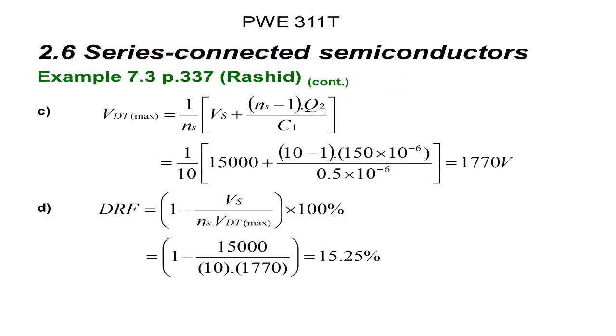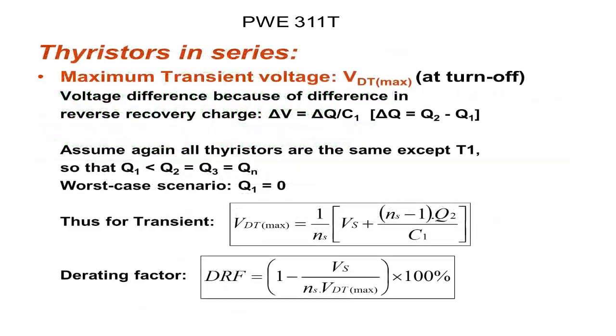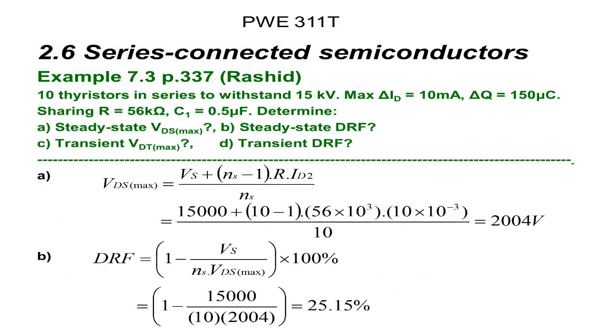Okay, so if you check an example, it's just an example from Rashid. It's 10 thyristors in series with 15 kV, which can withstand 15 kV. The maximum change in diode current is 10 milliamps, and the change in quantity of electricity is 150 microcoulomb.